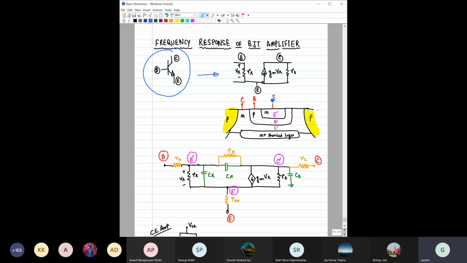And here you have the emitter, base, collector terminals of this bipolar junction transistor. Inside, you can see the emitter written as E dash, base as B dash, and this is C dash. These are the internal nodes. Here we are assuming that the same potential at these internal nodes is also there at the external terminals. But maybe this is not the case.